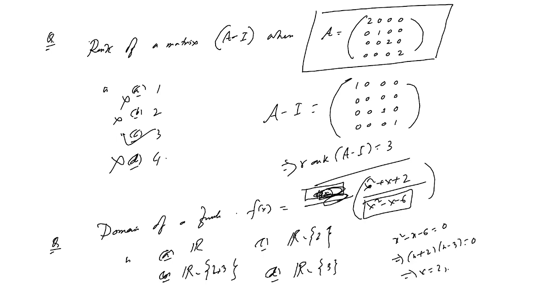So x equals minus 2 and 3. So what should be the domain? Domain equals R minus {minus 2, 3}. So this is the correct option. All other options are false.